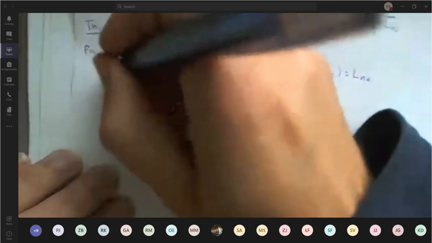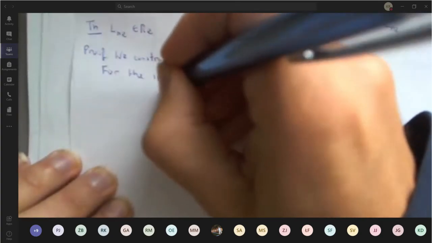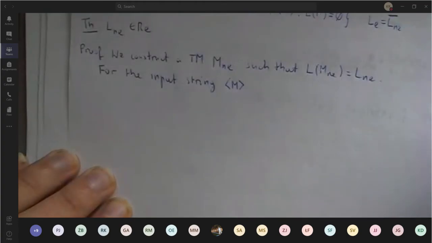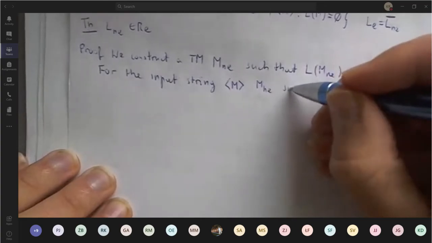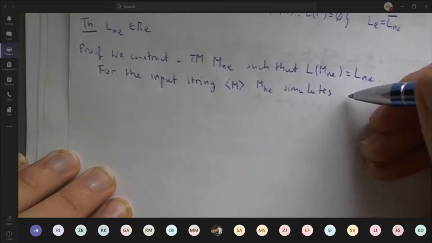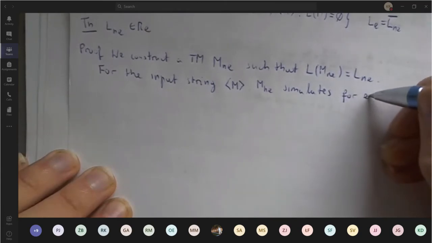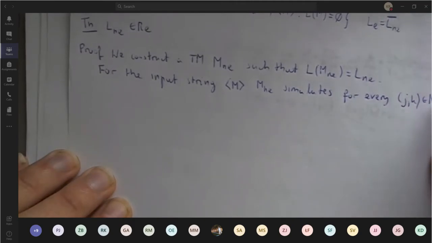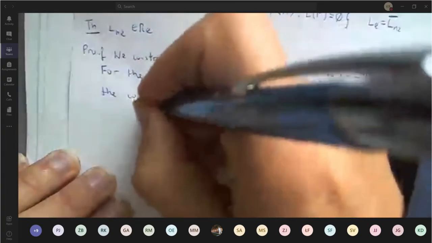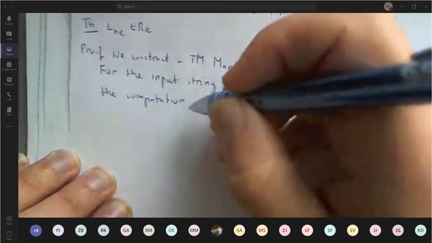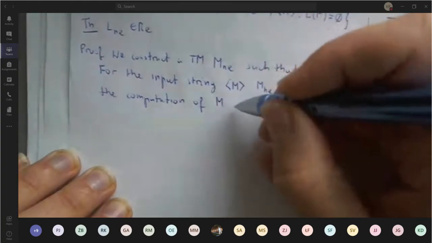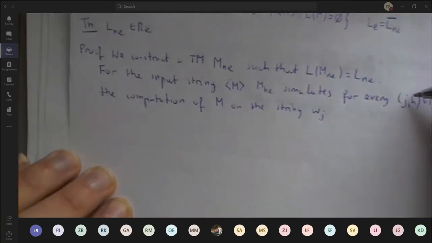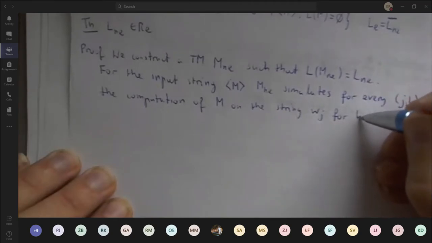Okay, so for the input string M, our Turing machine simulates, for every pair of natural numbers, the computation of M on the string Wj, j is the first number from the pair, for k moves.